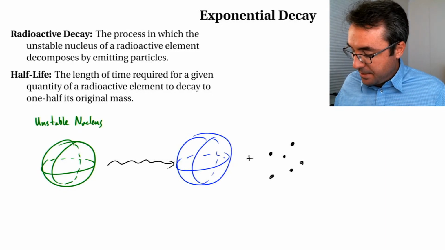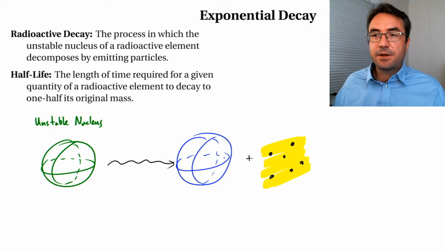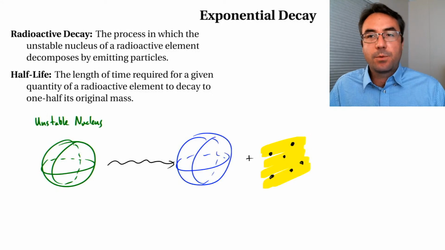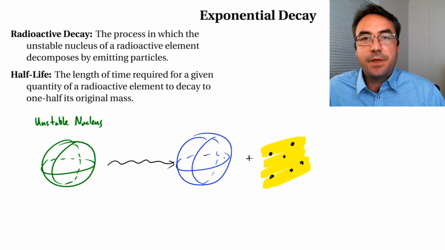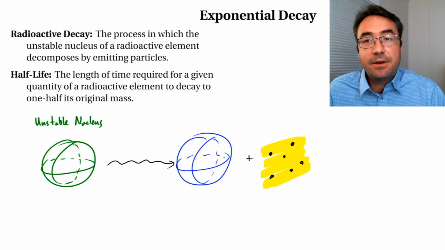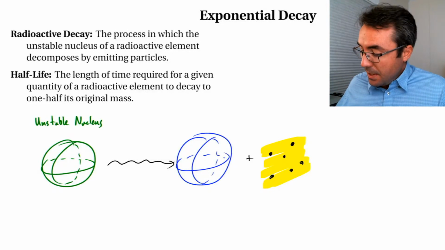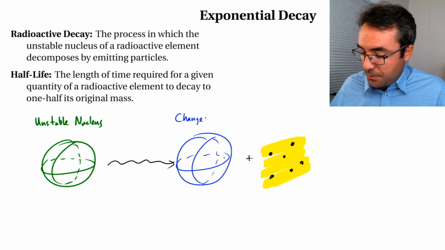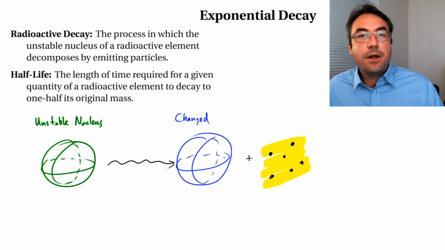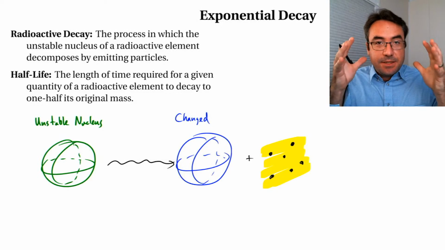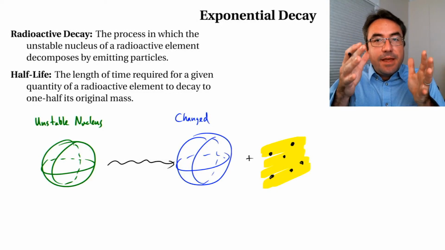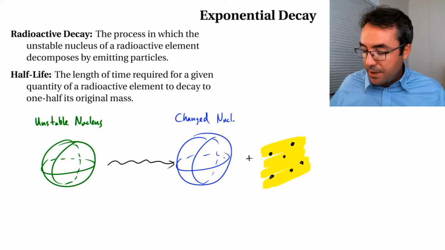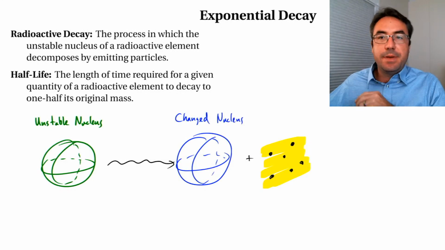Like I said, we're not going to go too much into what's really happening here. We're going to look at more of the quantitative side of what's happening. And so this is our changed nucleus. So an element that undergoes radioactive decay has an unstable nucleus, and then it changes in some way into a changed nucleus along with some particles that it emits.